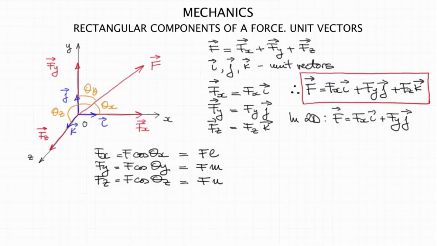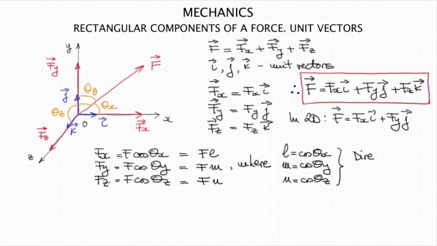If we substitute the cosines with the letters l, m, and n, where of course l equals cos theta x, m equals cos theta y, n equals cos theta z, then l, m, and n define the direction of F, so hence they're called the direction cosines of F.